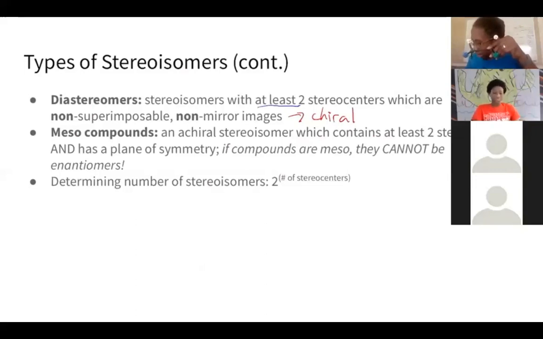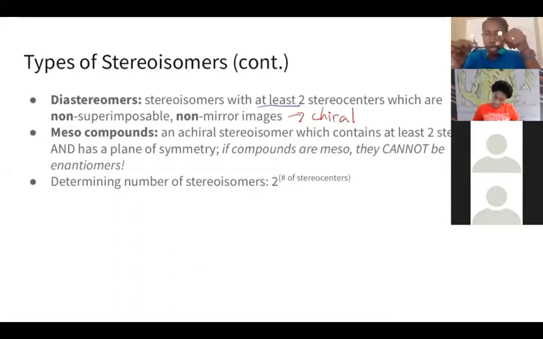So if a molecule has at least 2 stereocenters and it has a plane of symmetry, it has to be meso because it's achiral. I'm going to create a meso structure for you all. This is what a meso stereoisomer for this molecule would look like. I've got our two white bulbs up here, our green ones in the front, and our blue ones in the back.